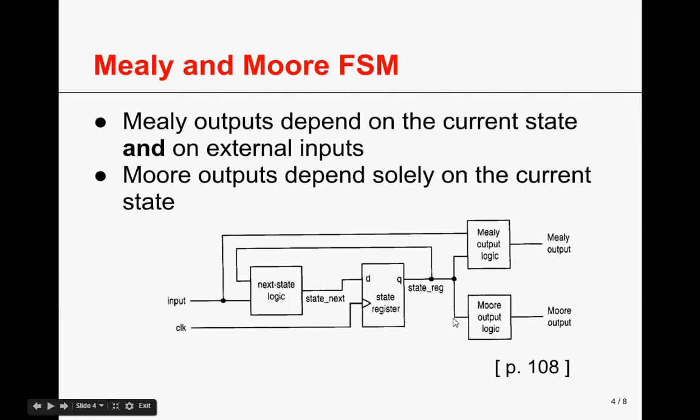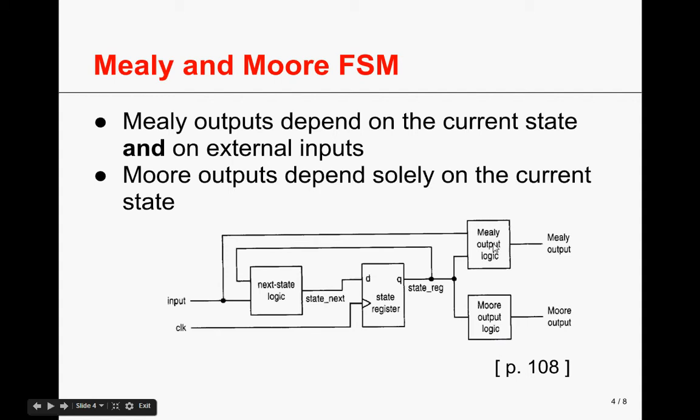Now, you may recall from a previous presentation that we have looked into a block diagram for the synchronous system, which was similar to this one shown here, with the exception that instead of two, we had only one output logic block.